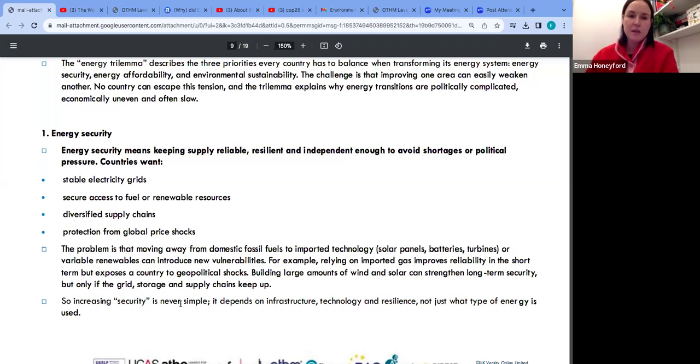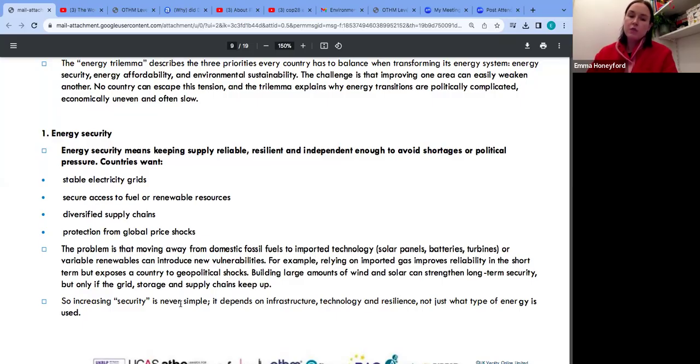So energy security means keeping supplies reliable, resilient and independent. It's all about energy independence, so that individual countries can avoid shortages or political pressure. Countries want stable electricity grids.